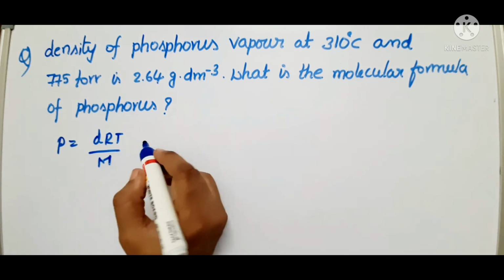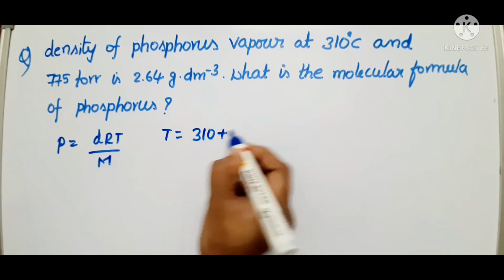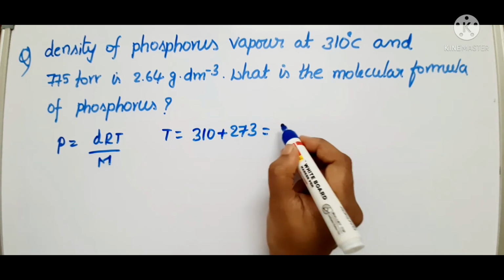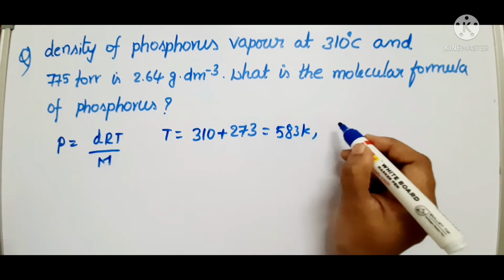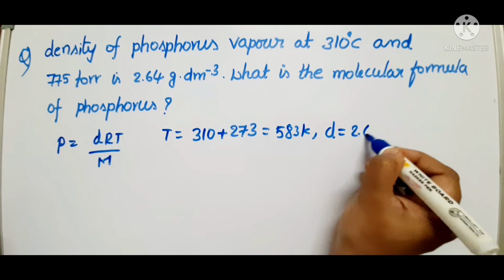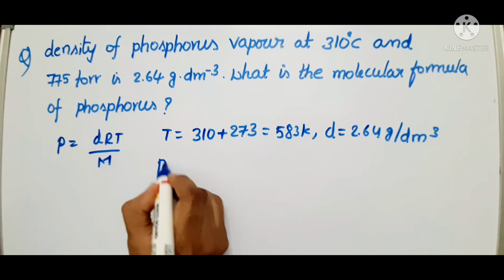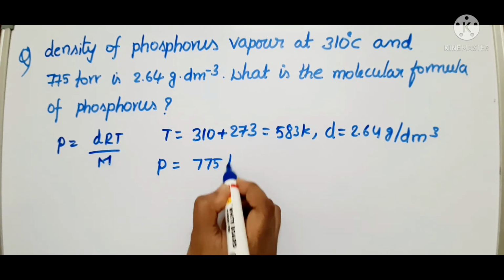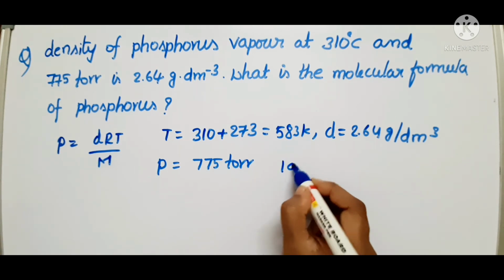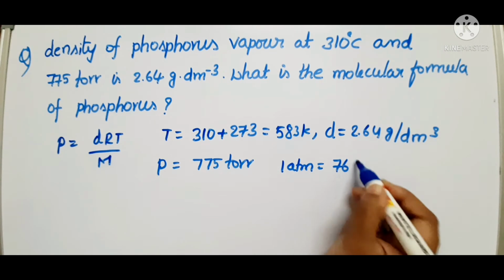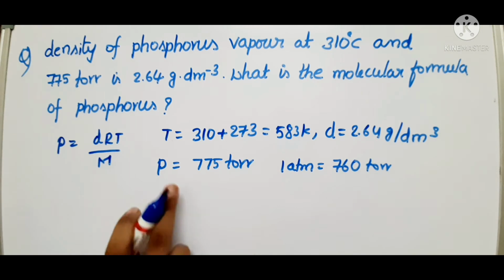Okay, what is the given data here? Temperature is 310 plus 273, that will become 583 Kelvin. Then density equal to 2.64 grams per decimeter cube and the pressure is given in torr, that is 775 torr. But we know that 1 atmosphere can be expressed equal to 760 torr. So from this you can convert this pressure into atmospheres.